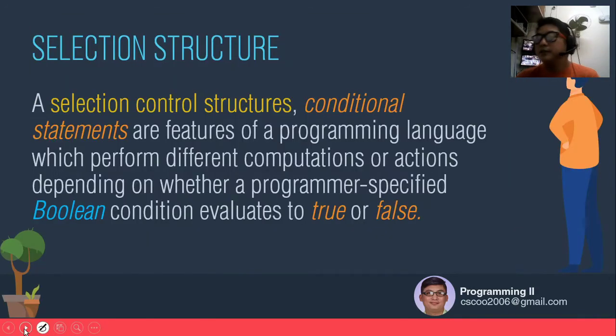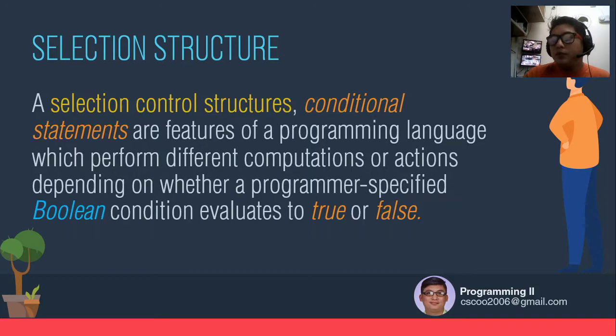Next is selection. When your program requires choosing a certain block depending on the situation, that's the time you use selection. It's like putting a decision mechanism in your program, deciding what to perform or what block to execute. It's like walking around the corner and you find yourself deciding which path you need to choose. That's what the selection structure is all about.